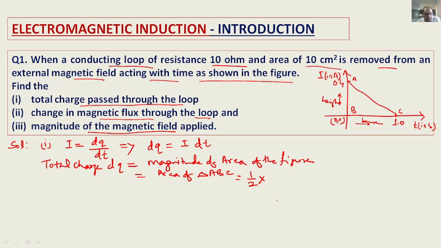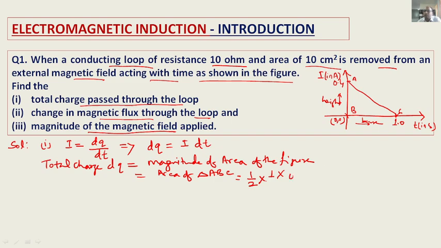So from this area of the triangle we will be finding. So half base. So what is the base variation? 1 minus 0. So this is the point C and this is the point B. So BC will be equal to 1. So 1 into again height. So 0.4 minus 0. Okay, it is already in ampere. So 0.4. Okay, right.